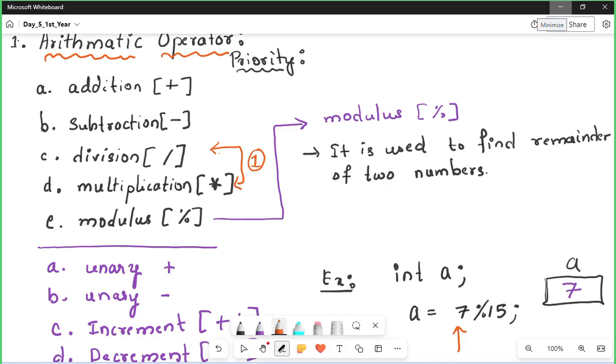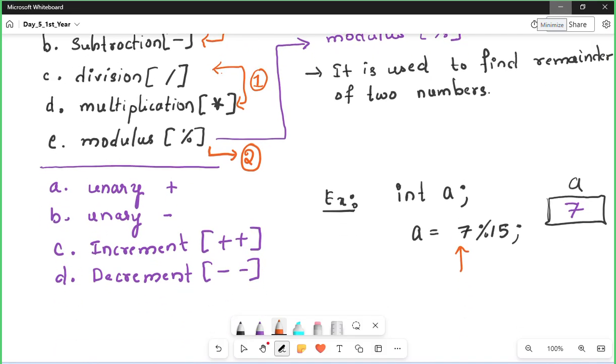The second priority goes to the modulus operator. And the third priority goes to addition and subtraction. These are the priorities of arithmetic operators. Are you clear on this part?